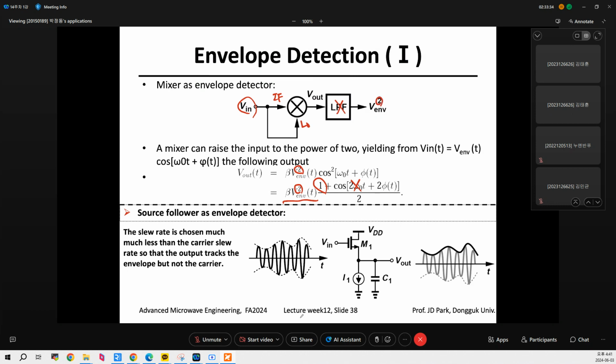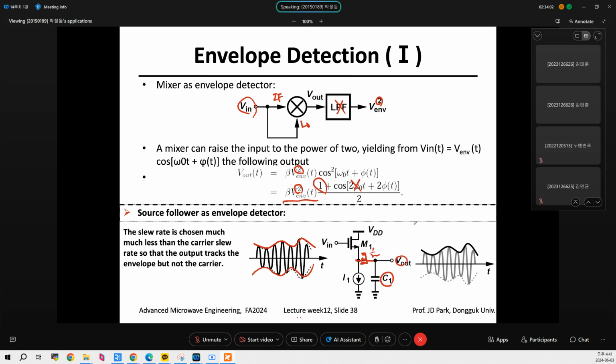Source follower power also can be used as an envelope detector. There is envelope information with the signal carrier. So what if we make C very large, then this is just a low pass filter. This is 1/gm.